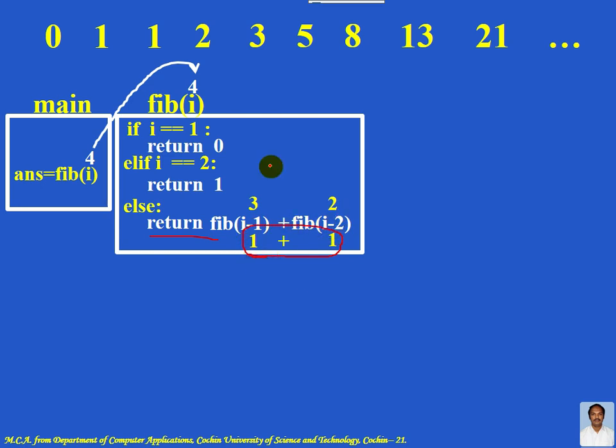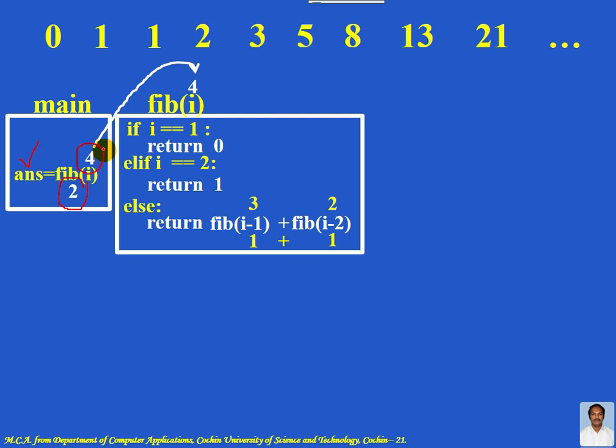To where is the answer returned? The answer is returned to the point from where the function was called. So this is the point from where the function was called. Here a temporary variable is created by Python, and in that temporary variable the answer 2 is saved. Finally 2 is assigned to answer variable.